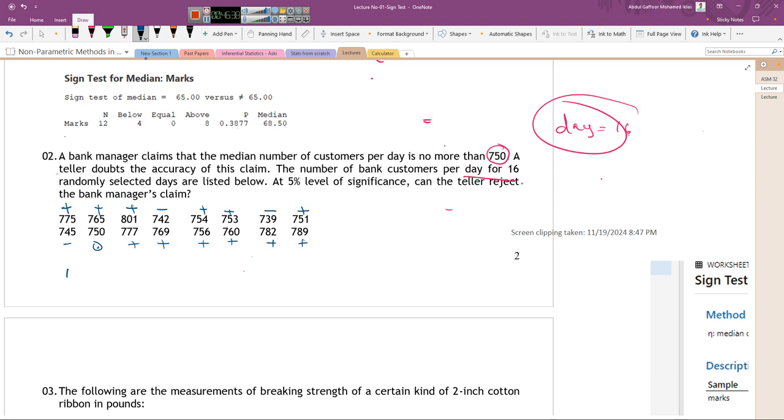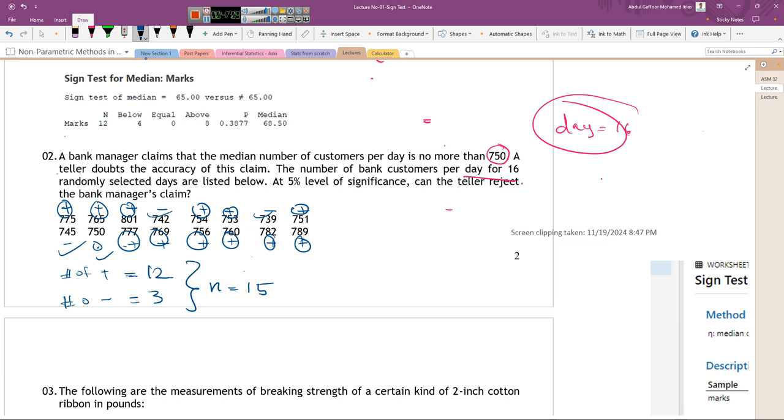Now the number of plus is equal to and the number of negative is equal to, right? Number of plus: 1, 2, 3, 4, 5, 6, 7, 8, 9, 10, 11, 12. Number of negative signs: 1, 2, 3, so altogether 15, and 1 is 0. So from this we can tell n is equal to 15.